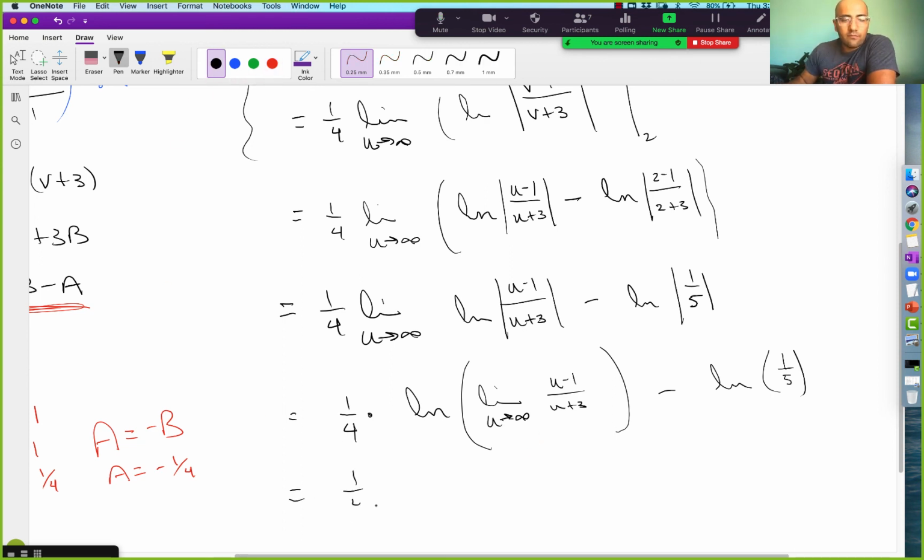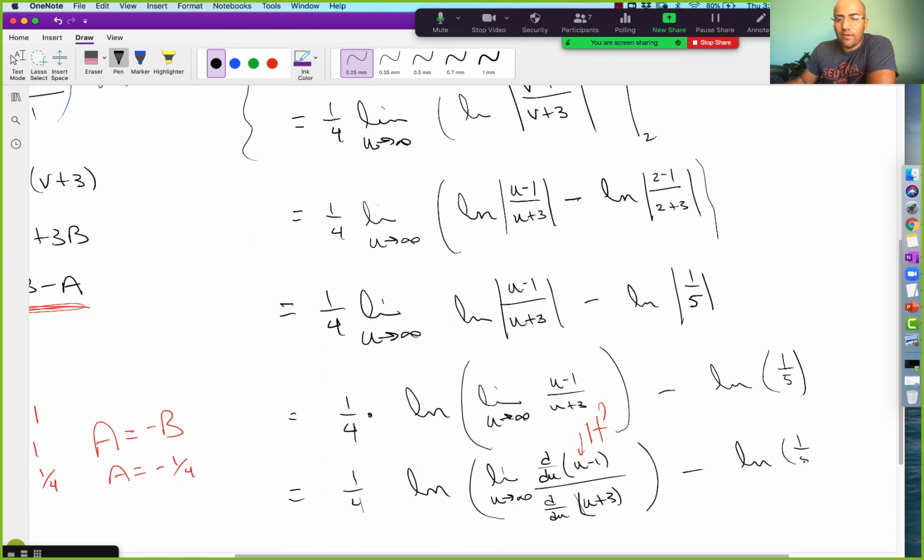This is equal to 1/4 ln of, and then by L'Hopital, I end up with the limit as u goes to infinity of the derivative with respect to u of the numerator divided by the derivative with respect to u of the denominator, minus this ln of 1/5, after we L'Hopital it.